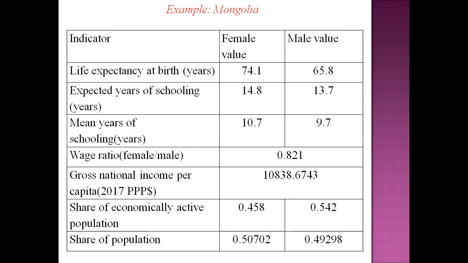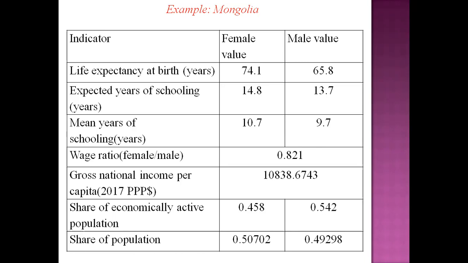The share of the economically active population for female is just 45.8% of the total female population. They are engaged in different working sectors. Of the total female population in Mongolia, only 45% are employed in different sectors.